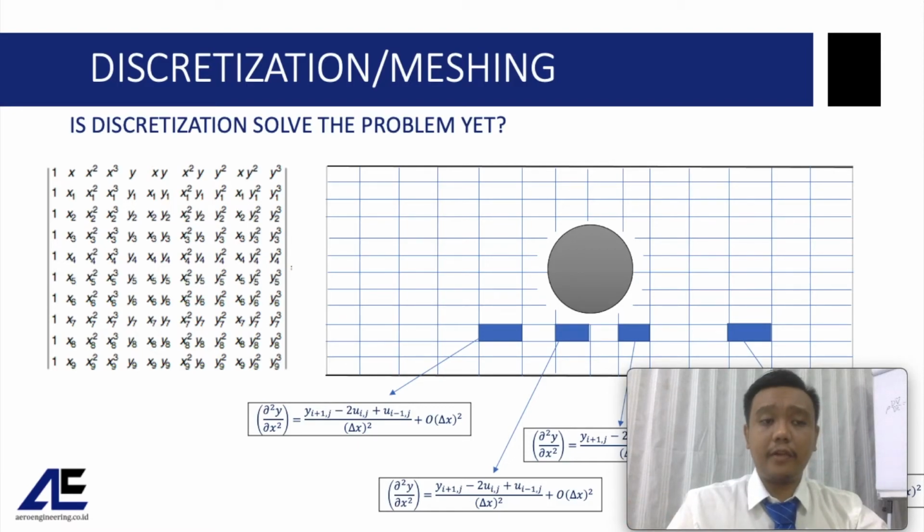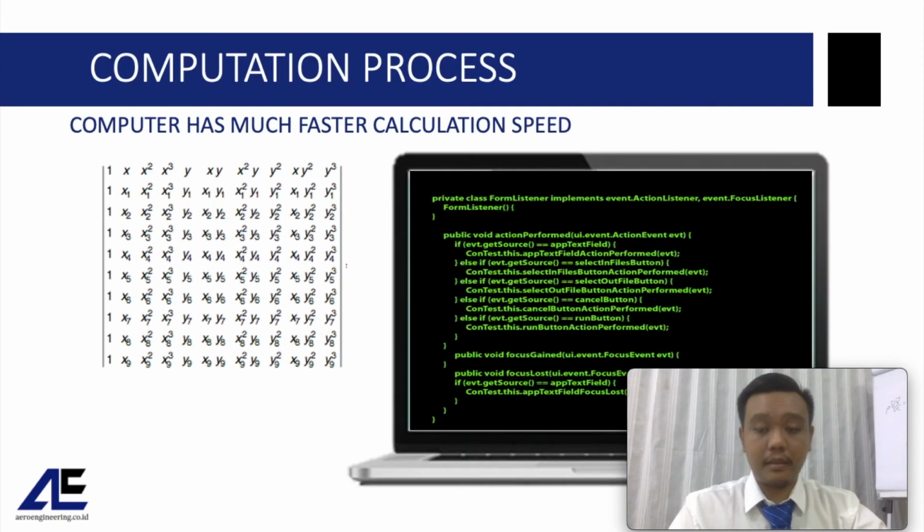The idea of dividing a continuous domain into many domains also makes the number of equations to solve a lot. This is a very tedious and time consuming task to be done analytically, or at least for a normal human being. So, we need something which can solve this problem faster, much faster. And the best idea to handle this task is using a computer.